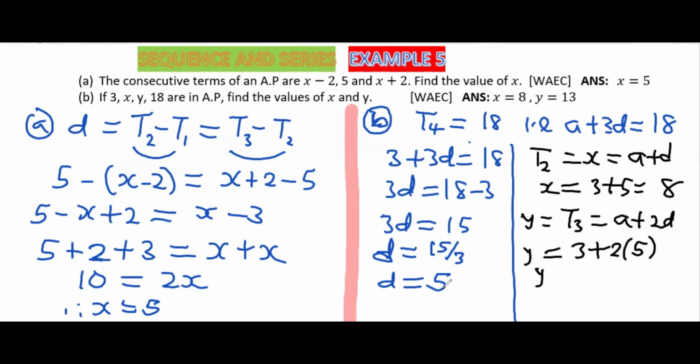This implies that y equals to 3 plus 10, which is 13. Thus, x equals to 8 and y equals 13. So this is the solution to example 5. From there, we move on to example 6.